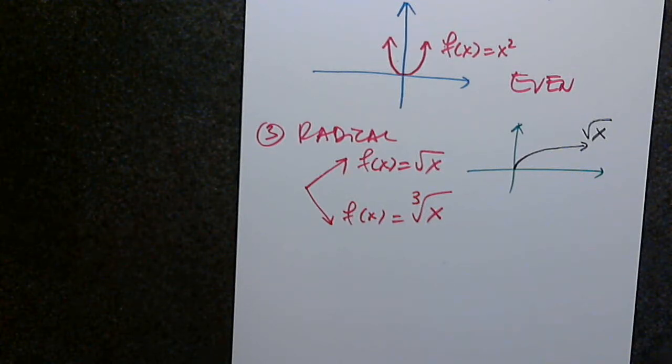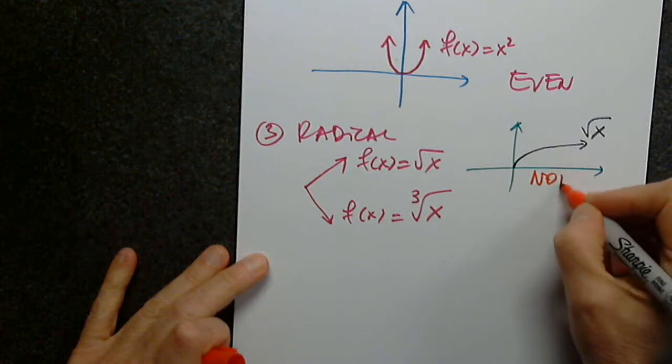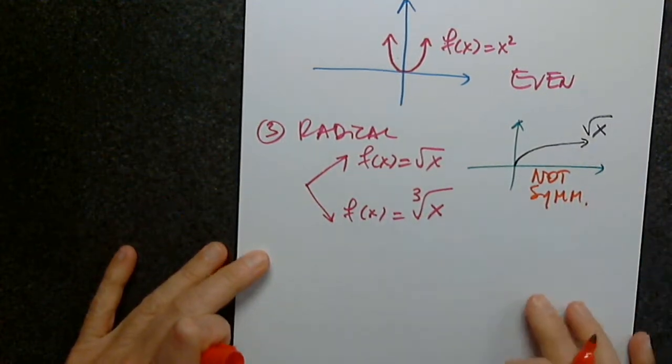One more time. Let's illustrate this one more time. If a function is even, what you have in the first quadrant, you have to have a copy in the second. If the function is odd, what you have in the first, you have to have a copy in the third, or what you have in the second, you have to have a copy in the fourth. Odd, even, or none of the above? Not symmetric. Excellent. Perfect.